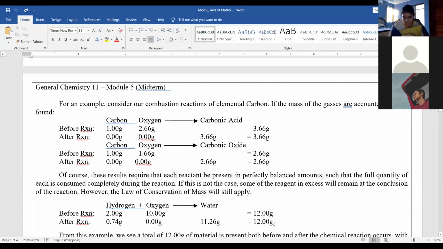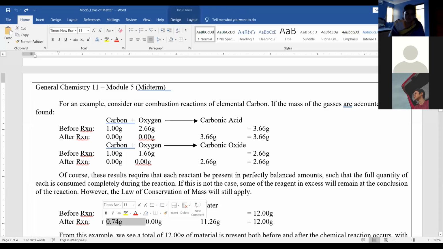So expected that the water will be 12 grams. But after the reaction, class, water is just 12.26 grams. So there was 0.74 grams of water left after the reaction. In cases like this, we call this in stoichiometry limiting reactants and excess reactants. Again, this is limiting reactants and excess reactants.